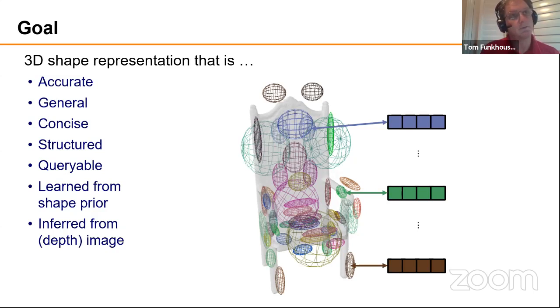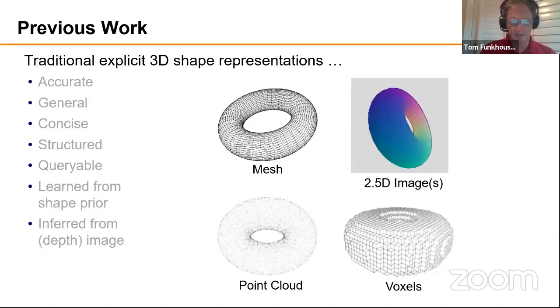That the kinds of operations that you might care about, like querying inside, outside, or distance to the surface, or things like that, are supported efficiently. That it can be learned from a shape prior, and that it can be inferred from images, in particular maybe depth images for a robotic application. Okay, that's all motherhood and apple pie, but very few representations actually have that.